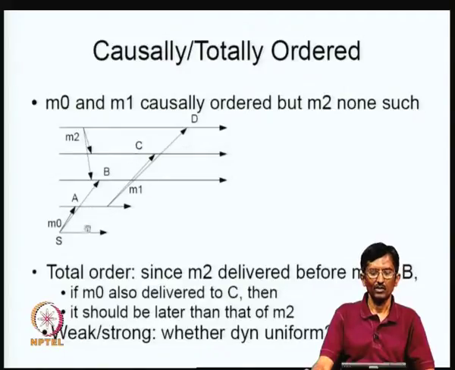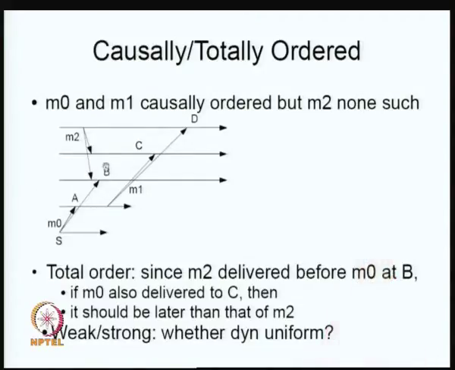Then if M0 is also delivered to C, it should be later than M2, precisely because M2 was delivered before M0 at B. Therefore, it should be later than M2. So, in a sense it has to be a global ordering. Okay.